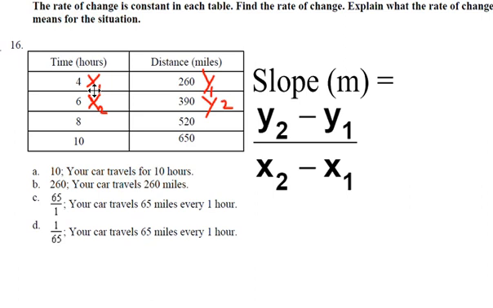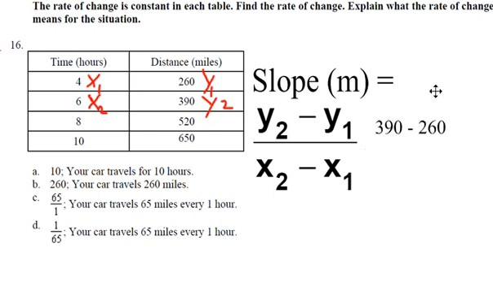Remember, you can choose any two sets of coordinates. You're going to get the same slope since the rate of change is constant. It doesn't matter if you pick the last set of coordinates and the first, or the middle two, or the first two. So y2 is 390 minus y1, which is 260.